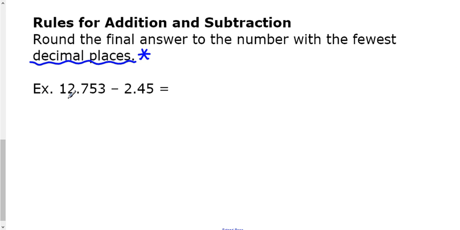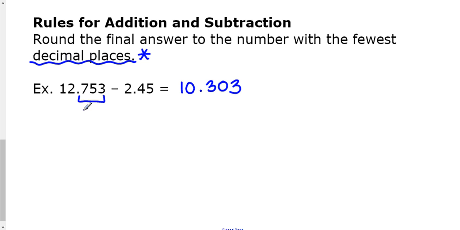What if we have 12.753 and we subtract 2.45? So take a minute and put that on your calculator. What do you get? When you do that, you should get an unrounded number that's 10.303. We want to round this. So let's look at how many decimal places there are.